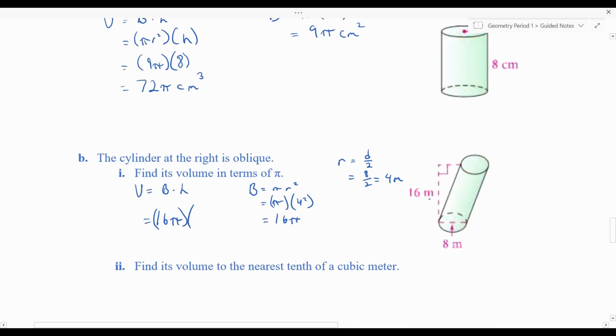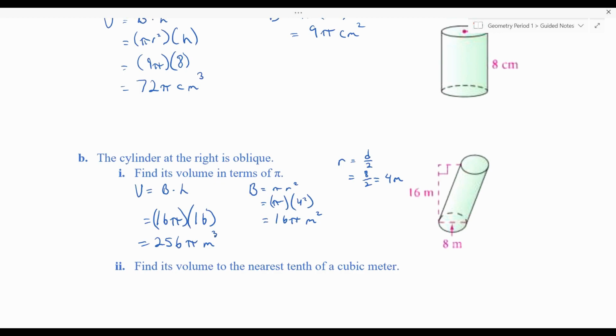So 16 pi times 16. We multiply this, 16 times 16 gives me 256 pi. And the units are meters, but now we are dealing with volume, so it's going to be meters cubed, or cubic meters. Okay, that's it for part 1.